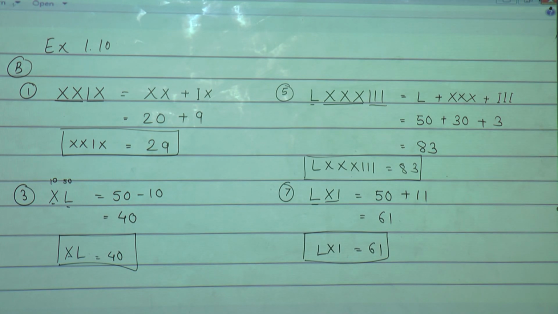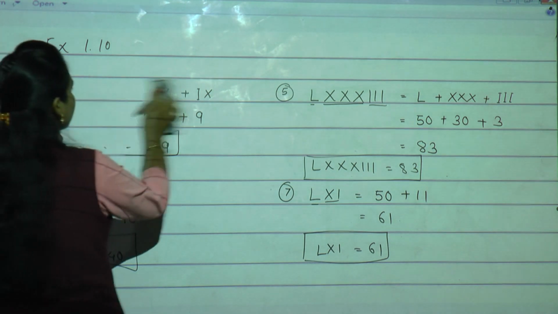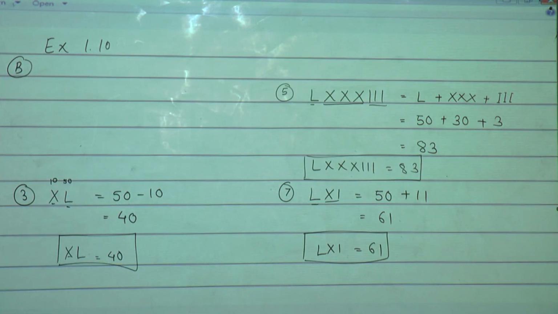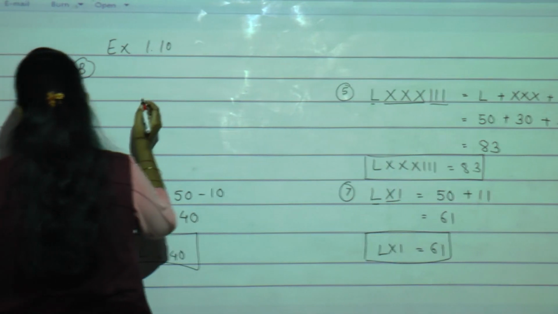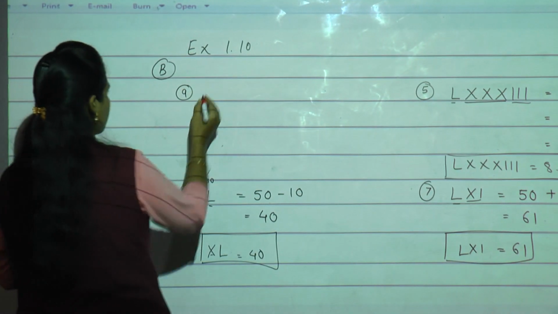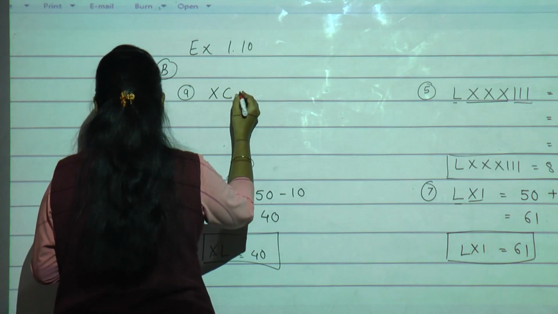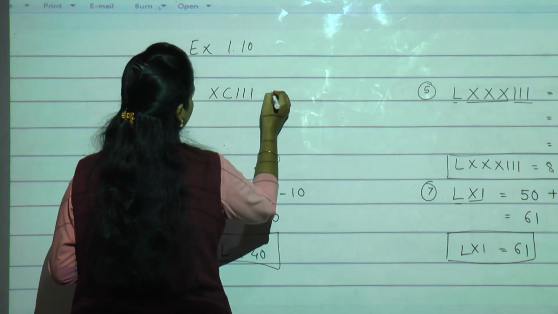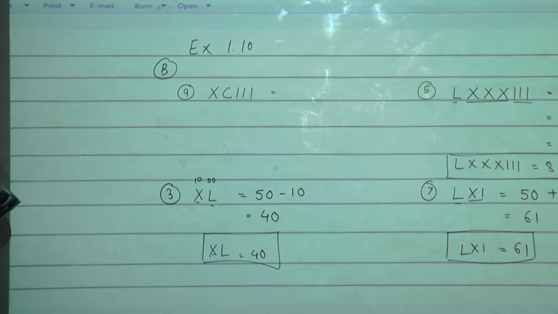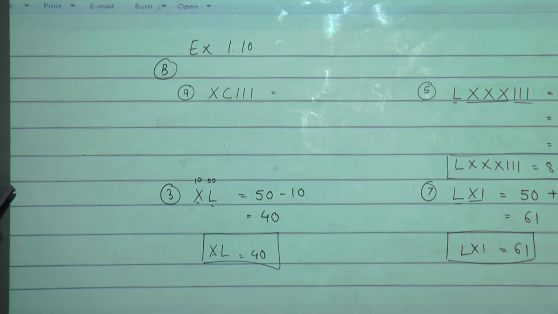Understood? Yes students? Now I will solve one more question for you. In the Indo-Arabic system also they have given 10 questions. Now let me solve the ninth one for you. What is the ninth question? XC triple I. XC we have just studied: 100 minus 10 becomes 90.